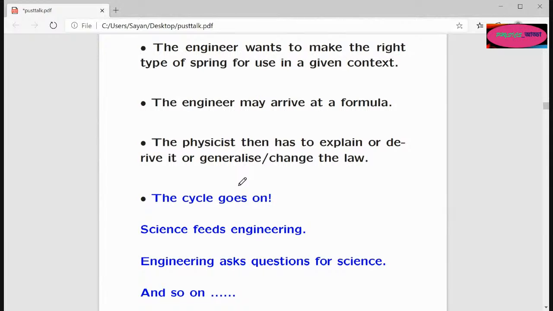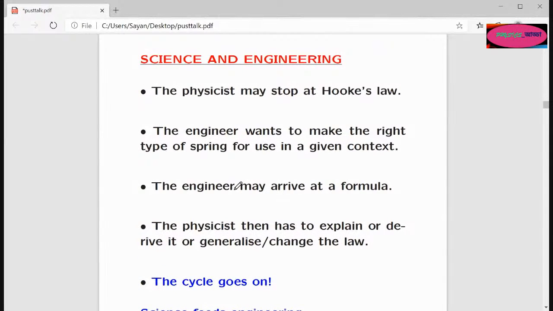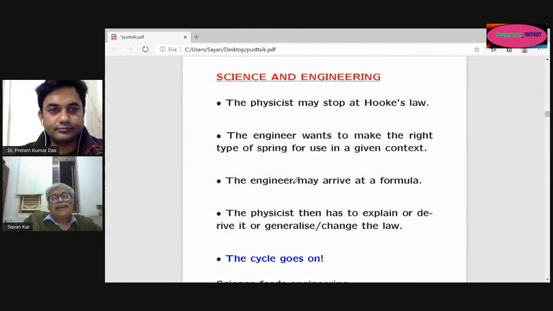So therefore, this is the message that I would like to give you, that it's a perfect symbiotic relation, and you can see it from the very simple example of the spring constant. That's a quantity which appears in Hooke's law, which is a contribution of a physicist. But when you need to make springs of specific values of k, you need to know what k depends upon, and that is the engineer's formula.